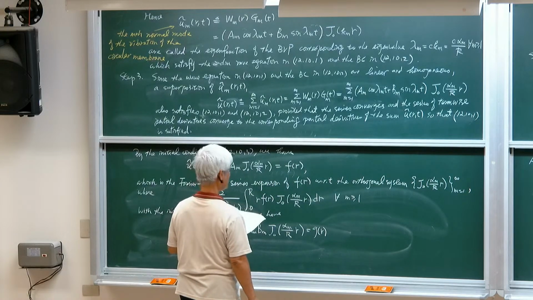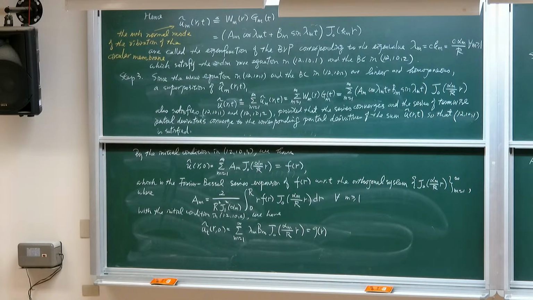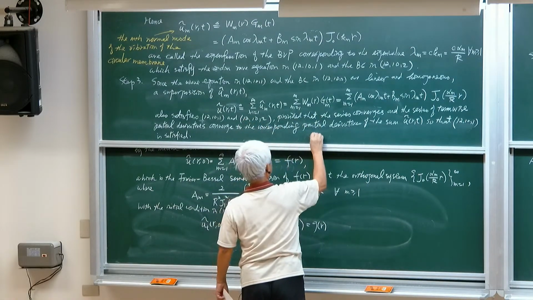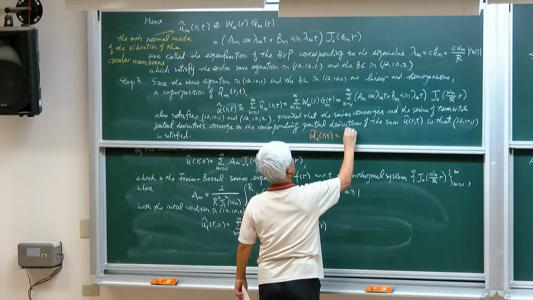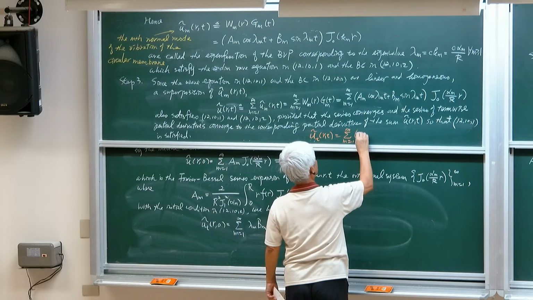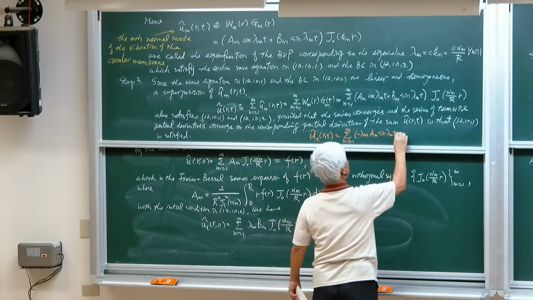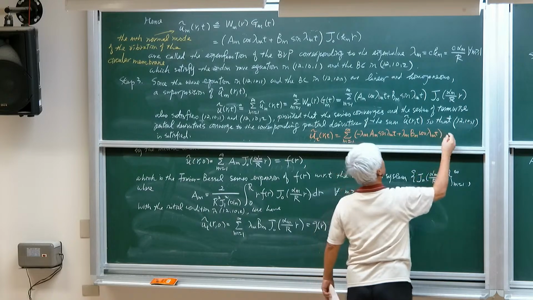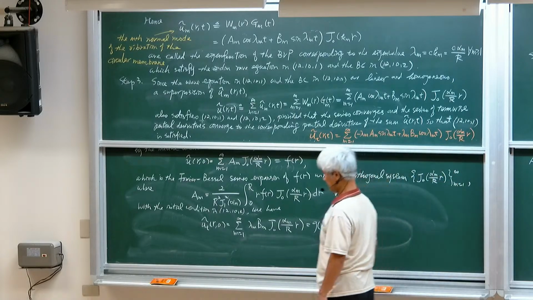And this is because if we take the partial derivative, this becomes the sum of minus lambda m A m sine lambda m t plus lambda m B m cosine lambda m t, times J0 also.